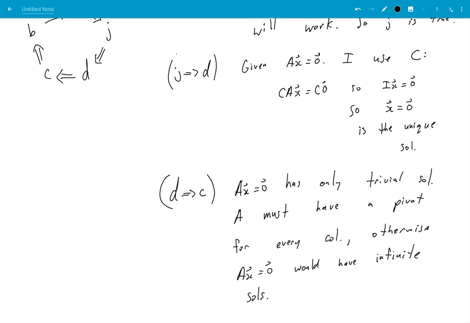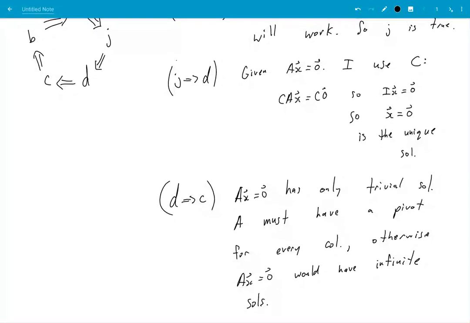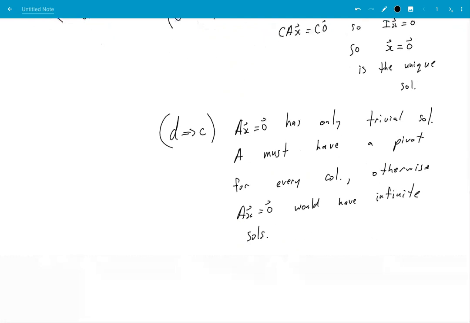Okay, so you can't have a free variable, right? If this is true. Okay, C implies B.